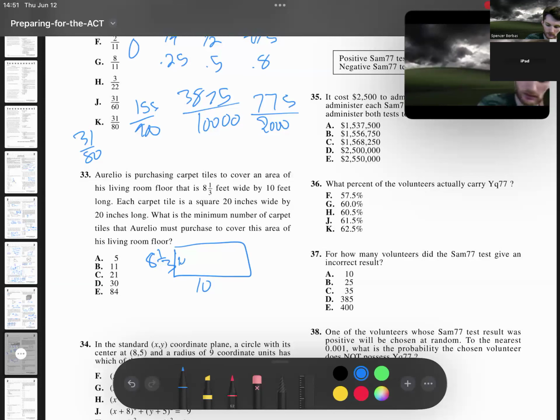So this is 100 inches this way, and then 10 times 12 is 120. So I could fit 6 tiles this way and 5 tiles this way. 30. Yay.